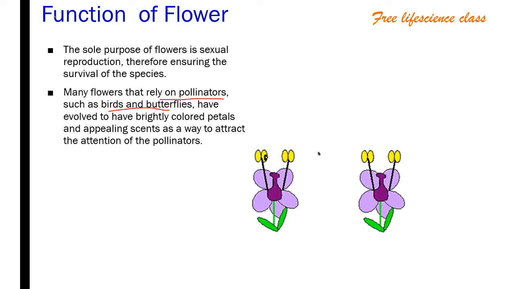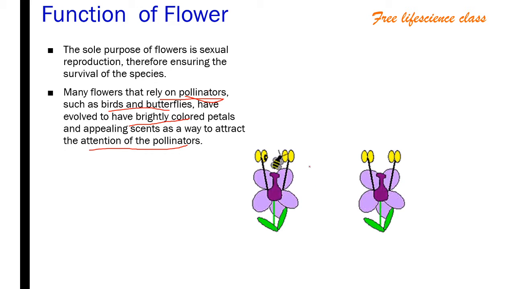If the flower relies on pollinators, then the flowers are brightly colored. So the petals of the flowers will be brightly colored, and this coloration of the petals will attract the attention of pollinators.